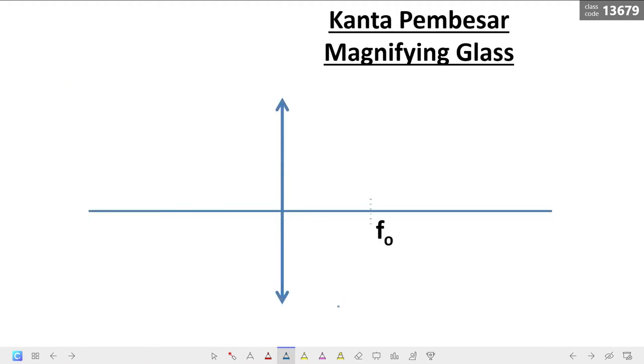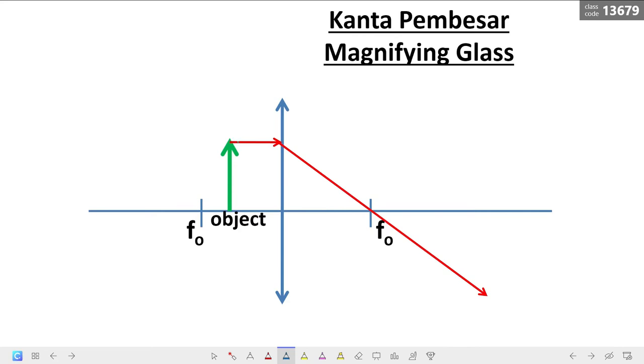This is the ray diagram for the magnifying glass. This is the object. One ray goes straight and passes through the FO here. Another ray passes through the optical center. You can see there is no intersection, so you need to make this line longer.